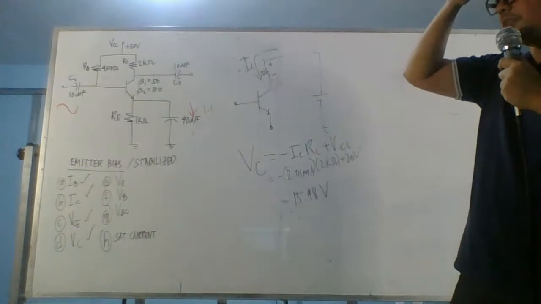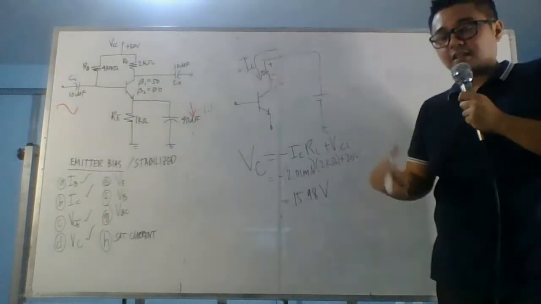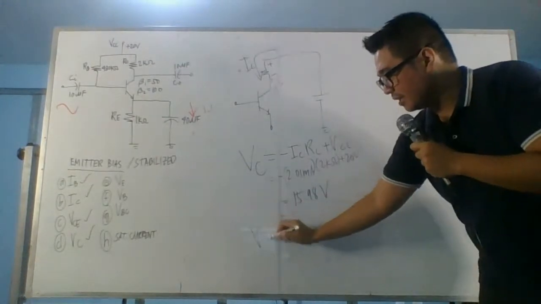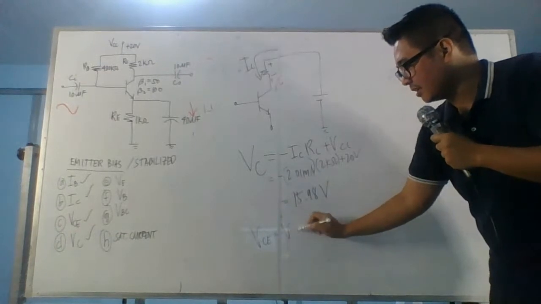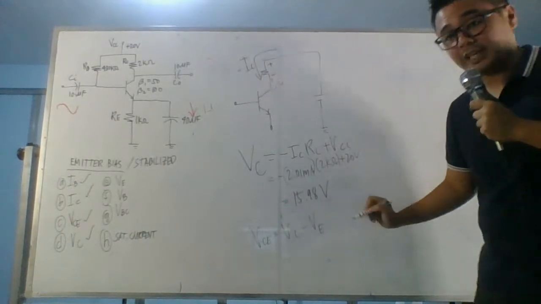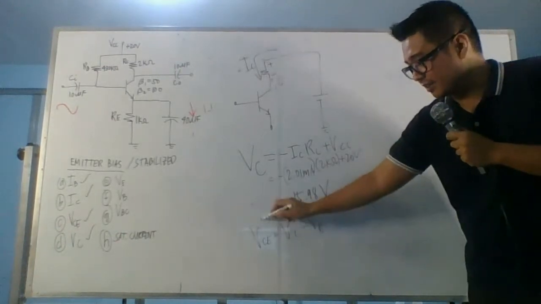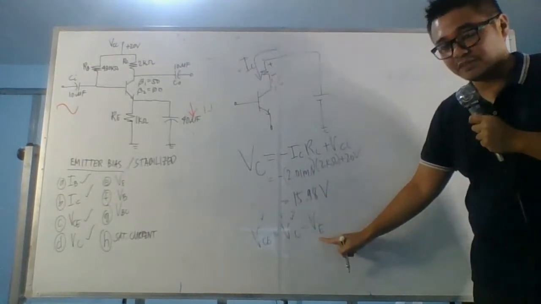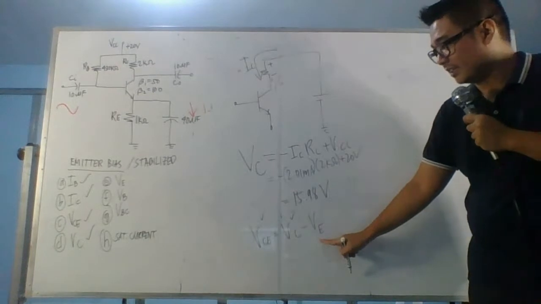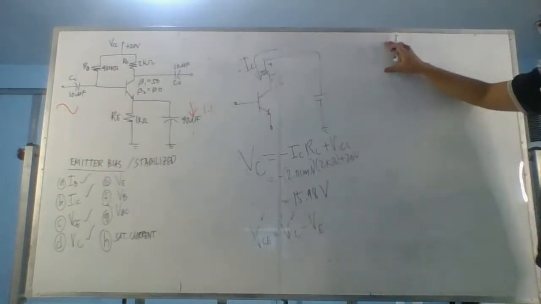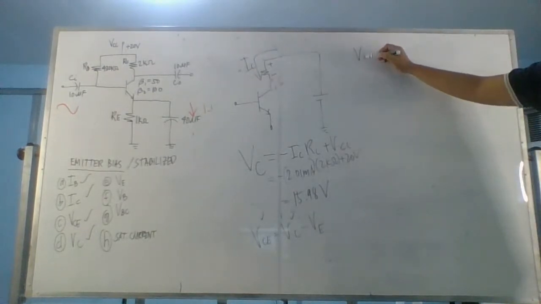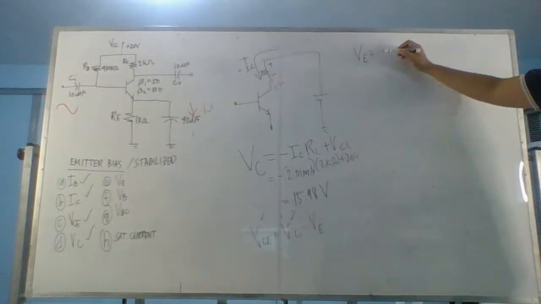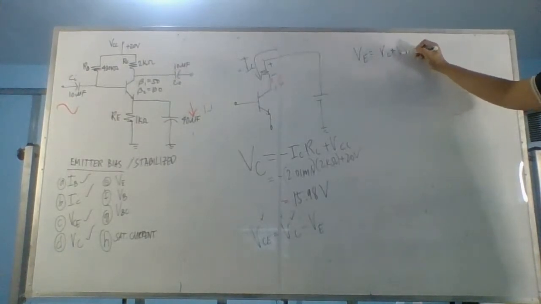Next is emitter voltage. So pwede nating gawin na lang yung VCE is equal to VC minus VE. Yan yung pinakamadali. Bakit? Kasi nasolve na natin VCE kanina, di ba? Nasolve na natin ngayon si VC. Masasolve na natin si VE. Right? So sulat lang natin dito.